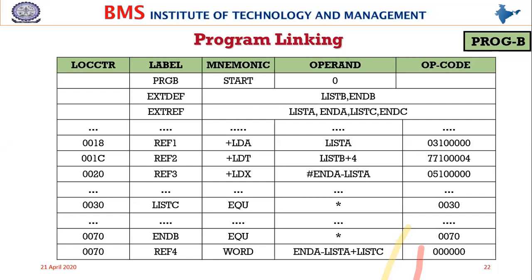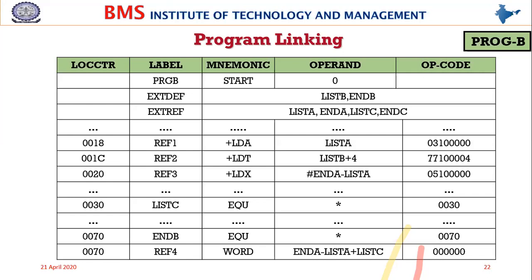Fine. And the next instruction, label ref3, has #NDA minus list A. We need 2 modification records for this. And from those modification records, whatever result we get, that is going to be our operand address.